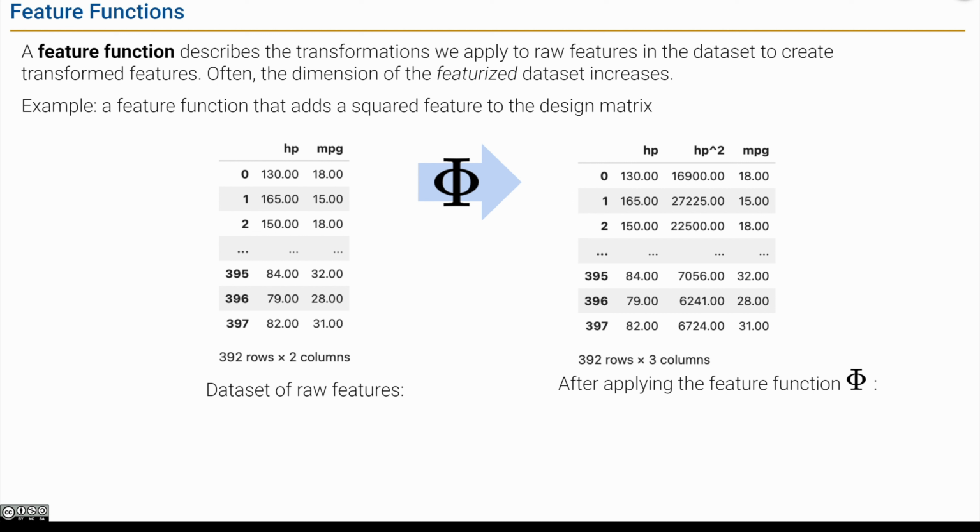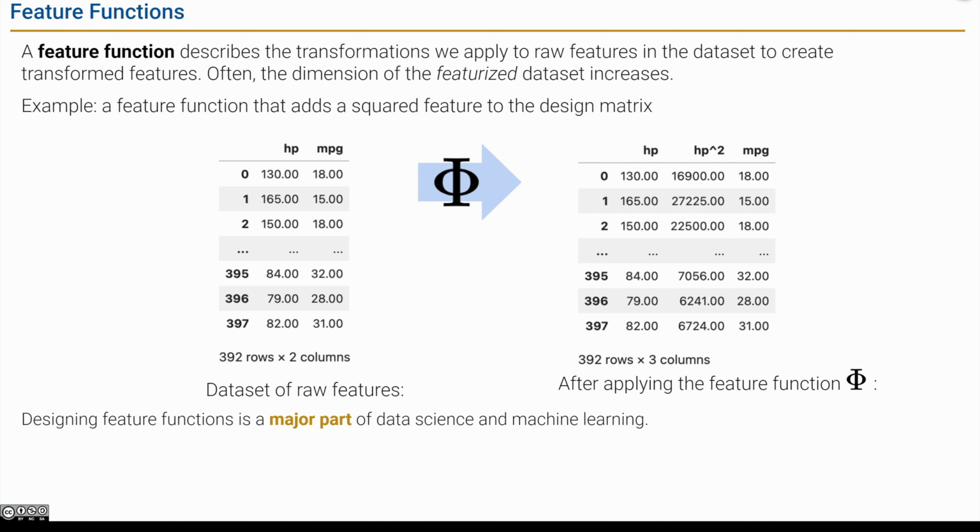So notice a lot of times when this happens, when we're applying feature functions, we're going to be adding new columns of data, but we're adding columns of transformed data. So it's not like I'm making up data. I'm taking data that already exists and doing some transformations. And then I can fit my model on these new columns.